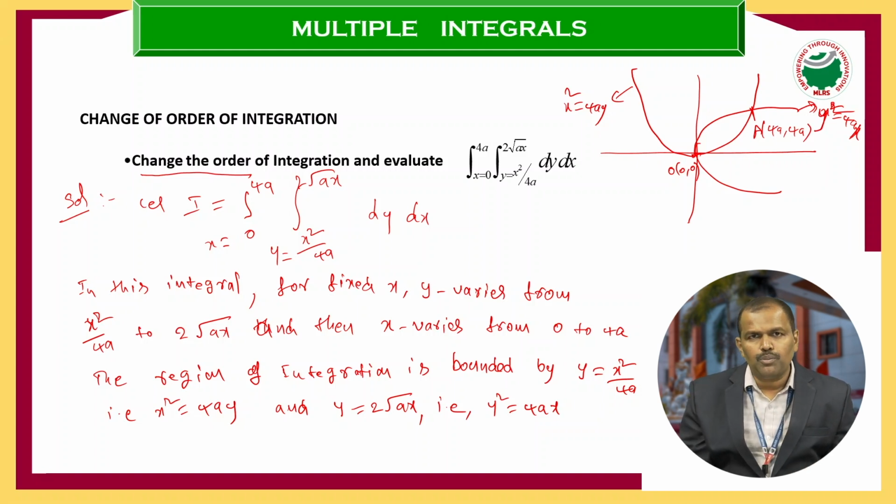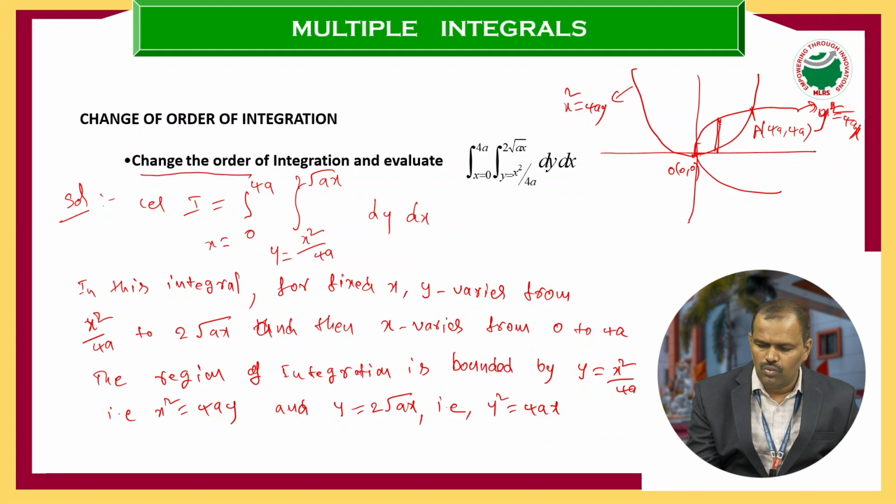As for the given problem, from the limits of the given problem, which varies and which is fixed, we wrote here y varies, x fixed. Y varies means vertical strip, x varies means horizontal strip. So here y varies, this is the vertical strip.